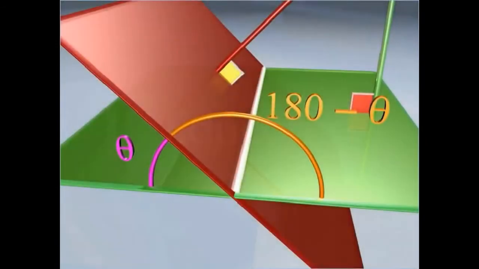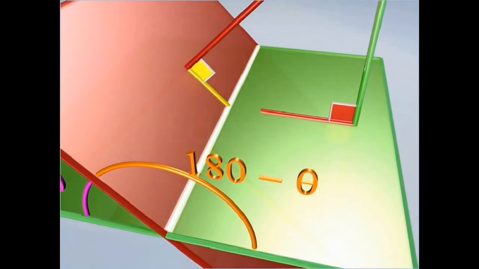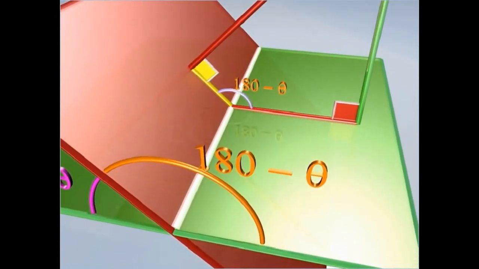Since the obtuse angle between the two planes is 180 degrees minus theta, the obtuse angle between the two lines along the planes is also 180 degrees minus theta.